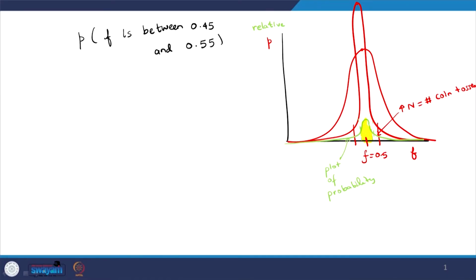More specifically, when I ask that the probability of f between 0.45 and 0.55 or any particular range, what we are looking at is actually area under the curve on this diagram. That is, for example, an area like this, where this is my 0.45 and this is my 0.55, or in the normalized distribution it is going to be this entire area under the curve, right.